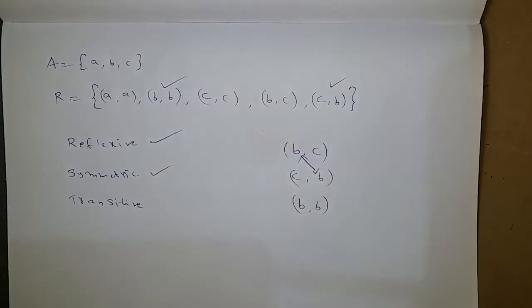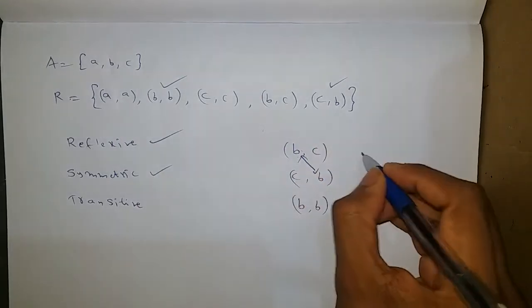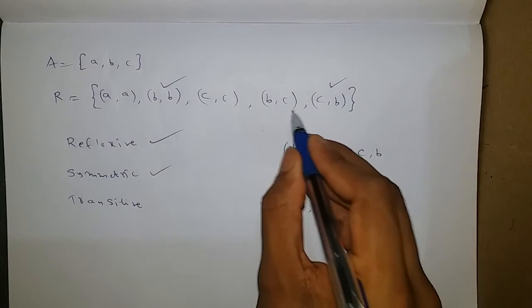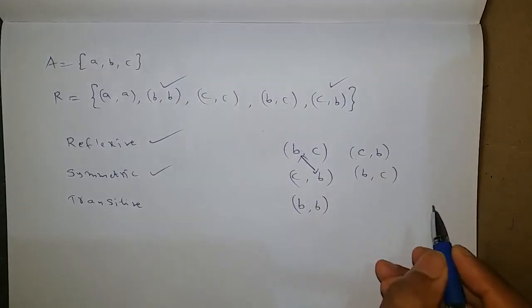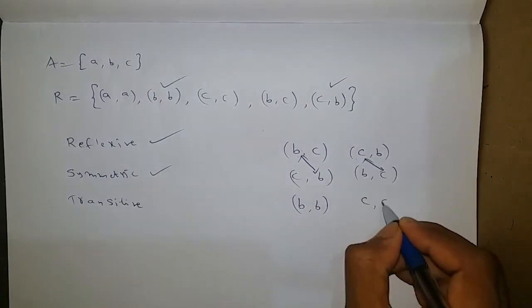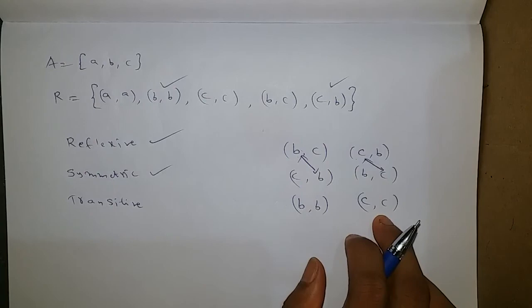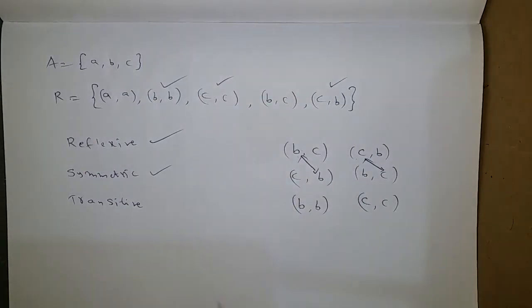Yes, (b, b) is there. Next, (c, b) and (b, c) I am taking. C is related to B and B is related to C, then there exists some relation between (c, c). So in the relation (c, c) should be there. Yes, (c, c) is there. So it is satisfying transitive.